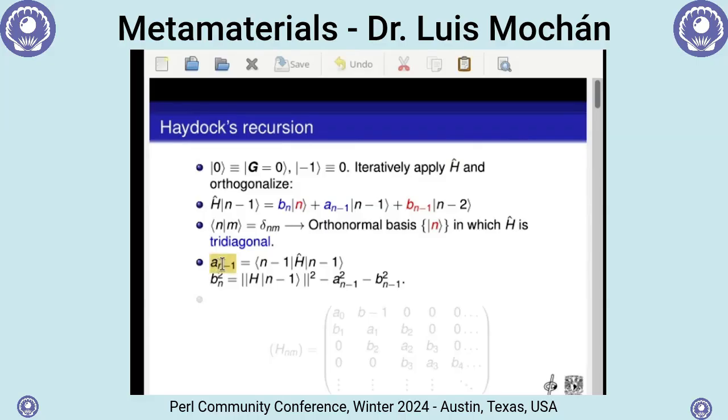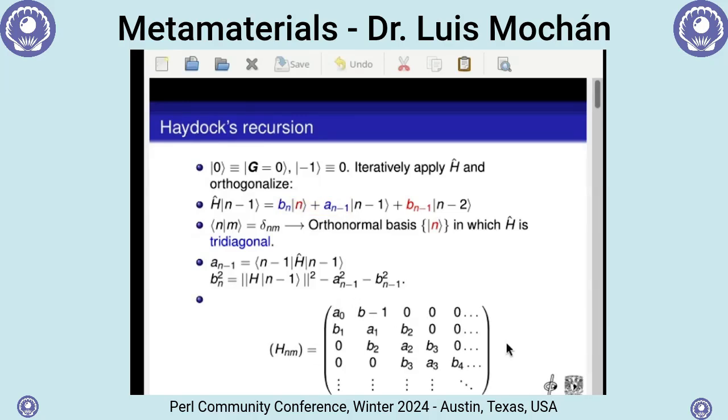And this is the recipe for obtaining these elements A and B that appear here. The matrix is a tridiagonal matrix which has lots of zeros, except on the main diagonal, where it has these A coefficients. Sorry, this -1 should have been a subscript, that's a mistake. The diagonals above and below the main diagonal are given by these B coefficients.